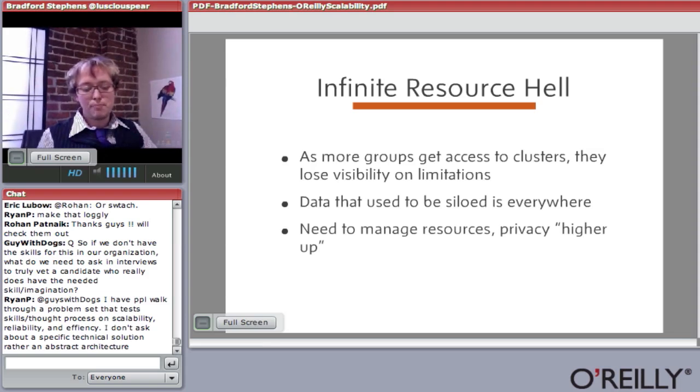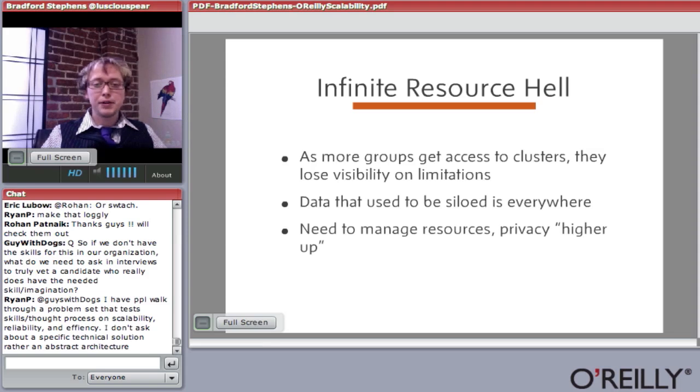What may have been a problem simply because marketing didn't have the username and login to the transaction database anymore now has to be monitored at the VP of security or CIO level, because you have to delegate these resources to these groups, and folks need to share these resources on a much larger scale.